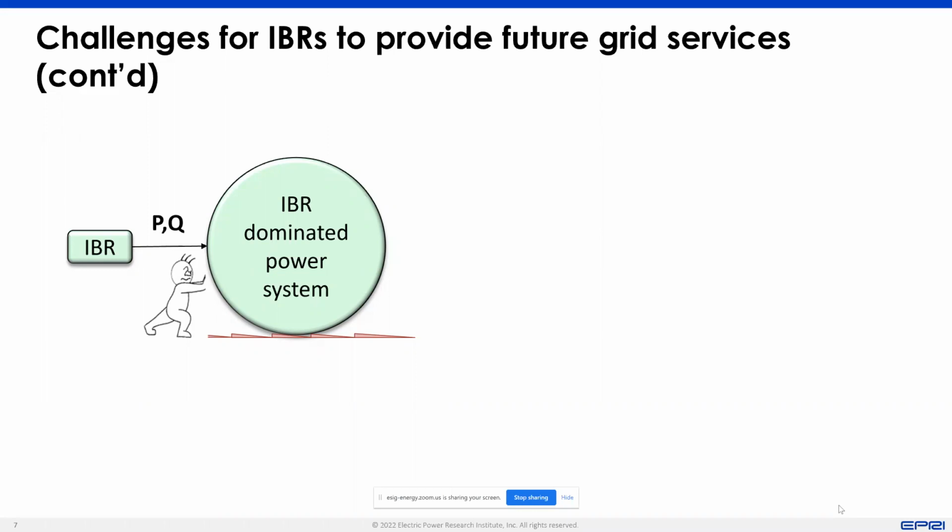The second thing is, now, if there is a change in current injection or power injection from this inverter-based resource, it's going to be able to move this system around. When this system moves, it's going to move the inverter resource again. And when this moves, it's going to move the system also. So now there is this closed loop relationship where both systems are influencing each other.